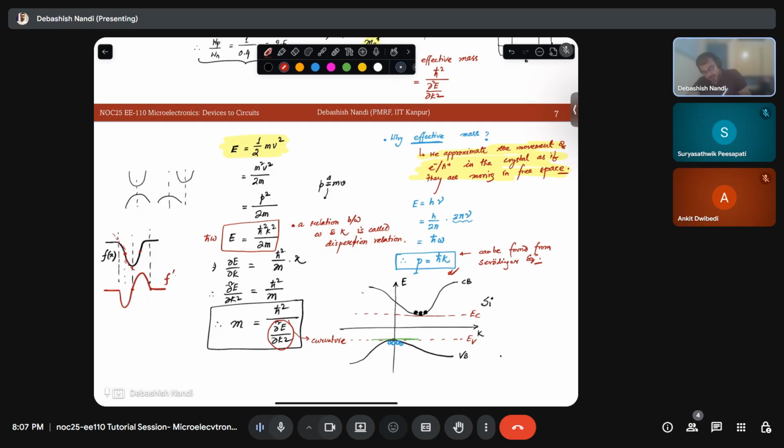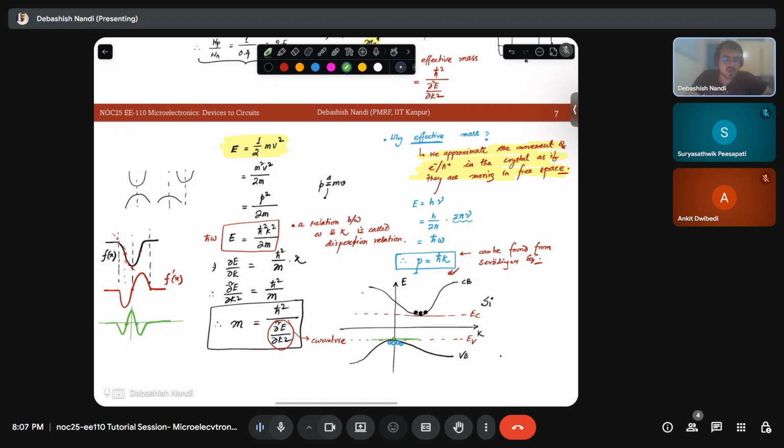This is your f dash of x. And what about the second derivative? You will have something like this, right? These are your 0 points. So having a minima means your first derivative is 0, but your second derivative is positive, right?